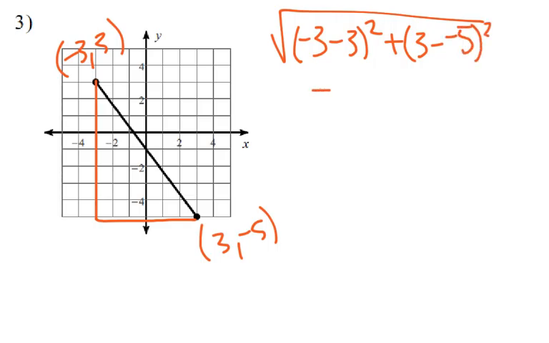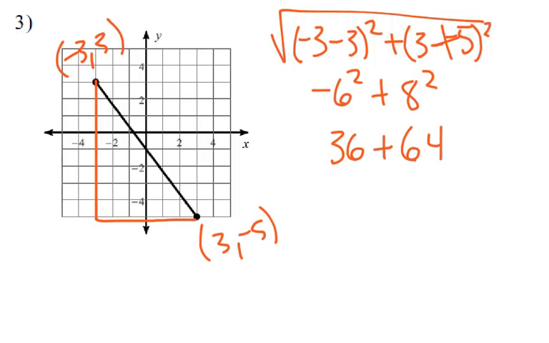That gives us negative 6 squared plus 8 squared, which is 36. Remember, whenever you square a negative number, it's always going to be positive. 8 squared is 64. Add those two together, and we get 100. Take the square root of that, and we get 10.